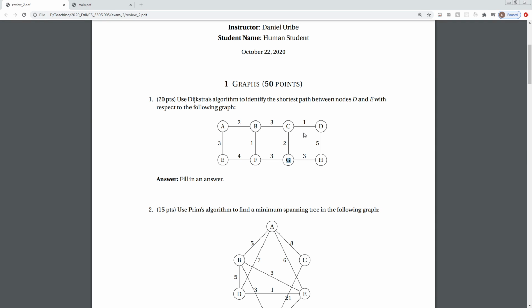Say, okay, the current best approach to getting there is only a weight of 3, and our new approach is a weight of 8, so that's not it.